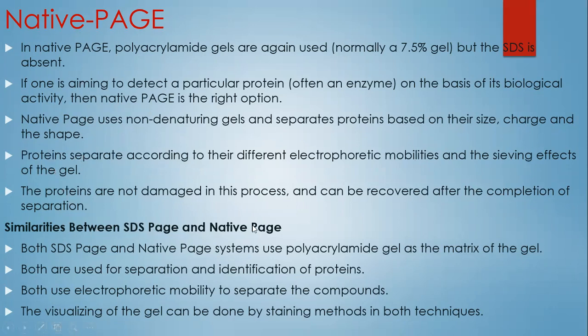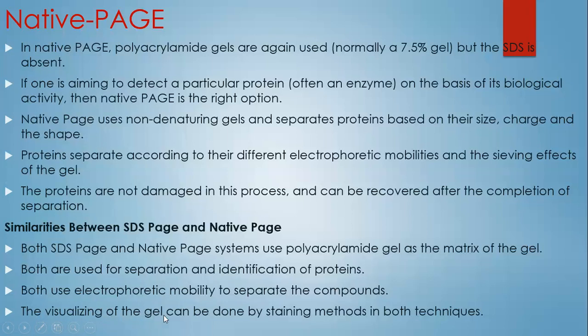Similarities between SDS-PAGE and native PAGE. Both SDS-PAGE and native PAGE systems use polyacrylamide gel as the matrix of the gel. Both are used for separation and identification of proteins. Both use electrophoretic mobility to separate the compounds.